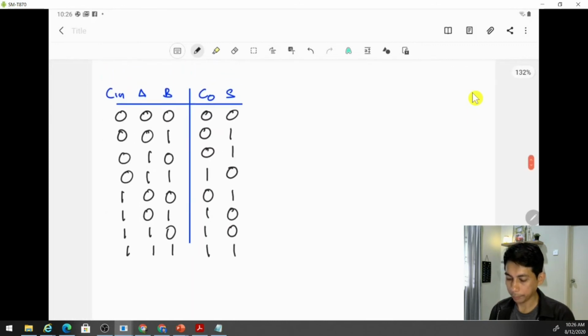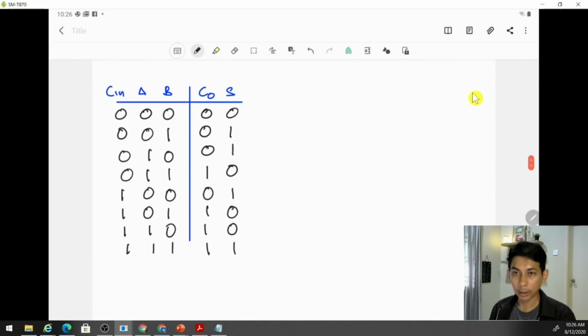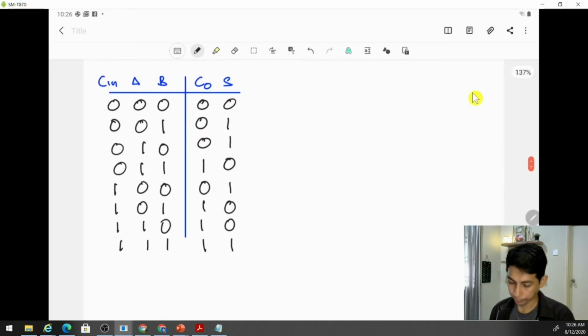All right, so this is the truth table. Now, how to use this to design the state diagram? Of course, we need to have the first state, so just draw the first state.